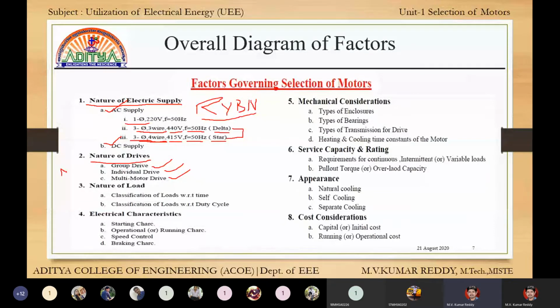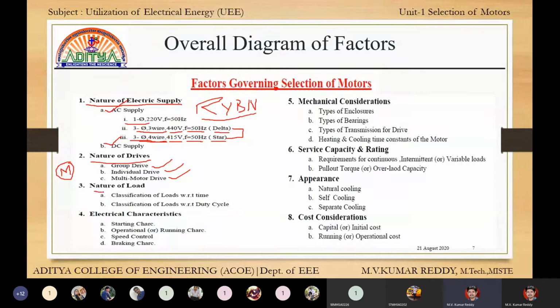Your main point is depending upon motors, these drives are divided into three types: group drives, individual drives, and multi-motor drives. Okay, briefly we will explain. This is just the outline.